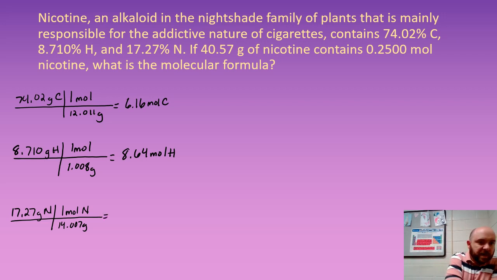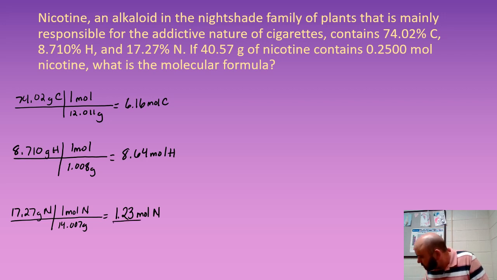And we see that 17.27 divided by 14.007 is about 1.23 moles of nitrogen. We will divide each by that lowest molar amount, 1.23.